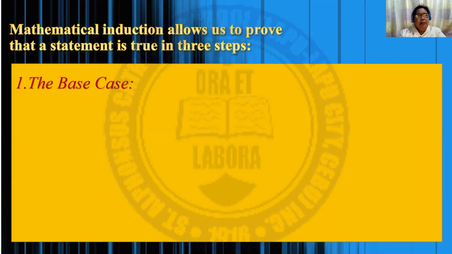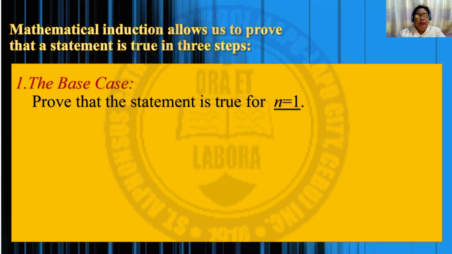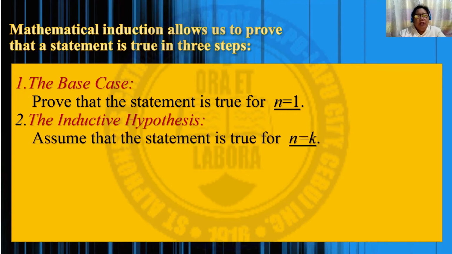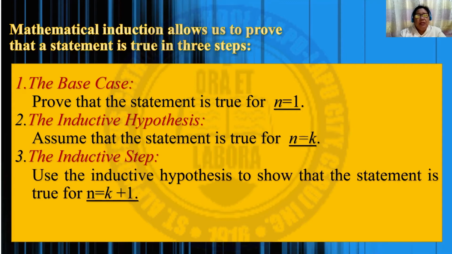The first is the base case. We have to prove that the statement is true for n is equal to 1. Number 2, the inductive hypothesis. We have to assume that the statement is true for n is equal to k. And the third one is the inductive step. We have to use the inductive hypothesis to show that the statement is true for n is equal to k plus 1.